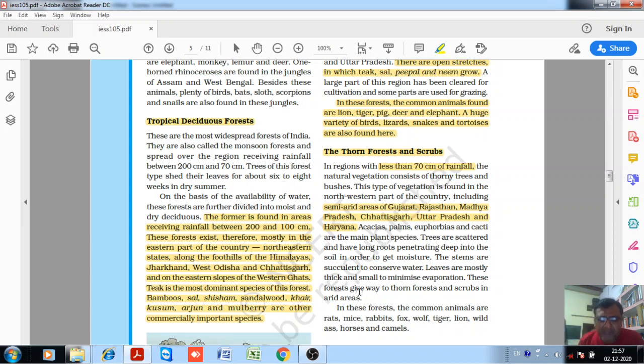You see the trees very far away from each other. Only small shrubs and bushes you see everywhere, and some thorny bushes are there like cactus, acacia. Acacia plants which have long thorns. Cacti are the main plant species which are found in those thorn forests.